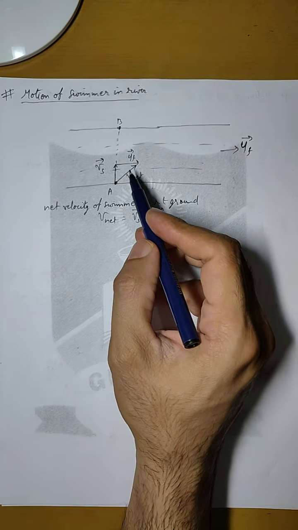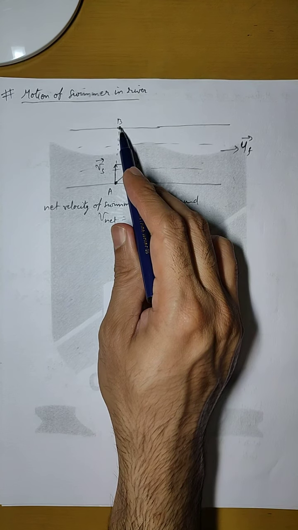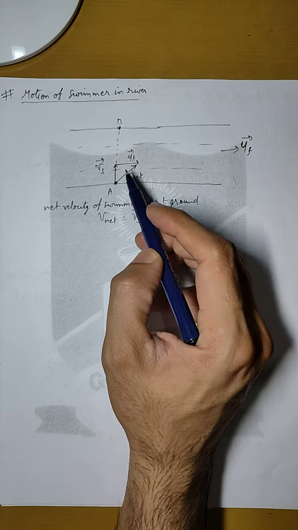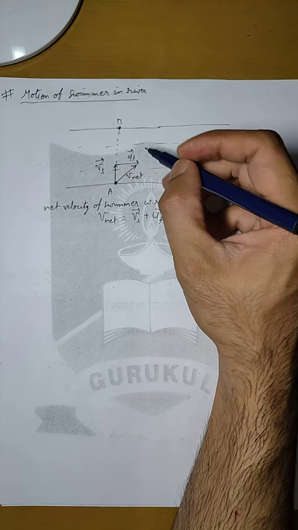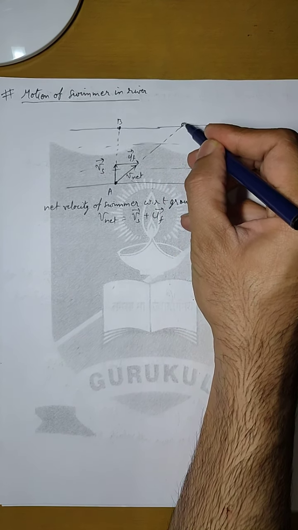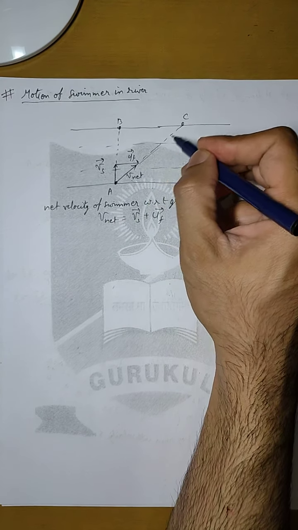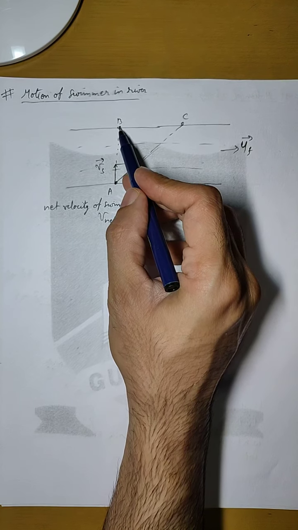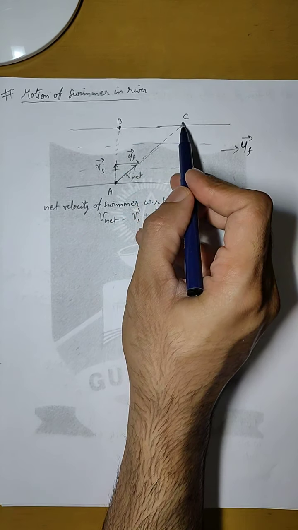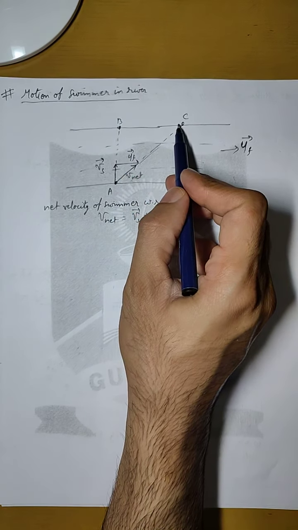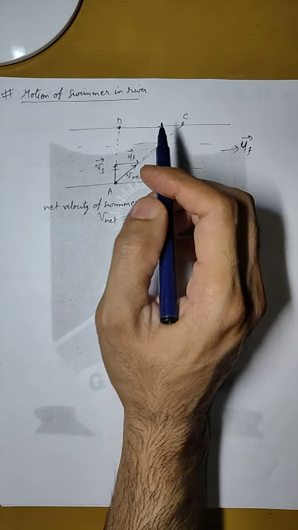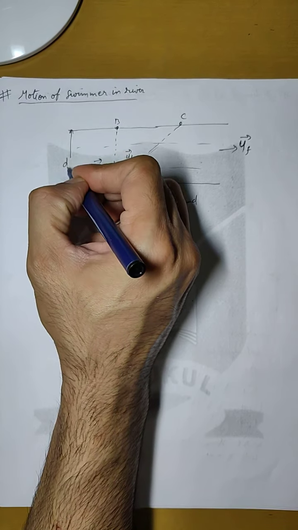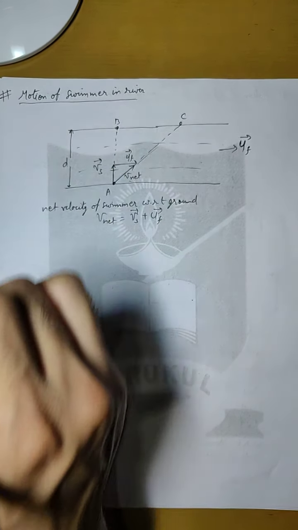This means he is trying to go towards B, but actually he is going in the direction of V net. So instead of reaching point B, he will reach point C in the direction of V net. That means he has drifted from the original position in the direction BC. This will be the distance by which the swimmer has drifted. Let us now say the width of the river is D.